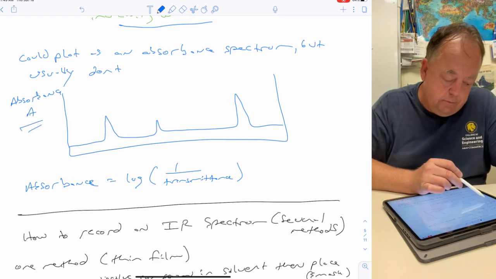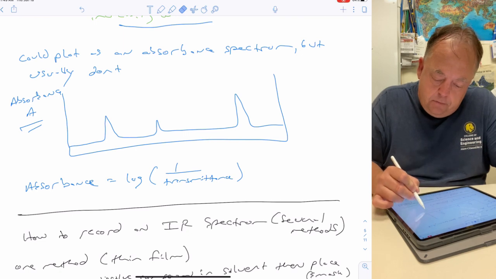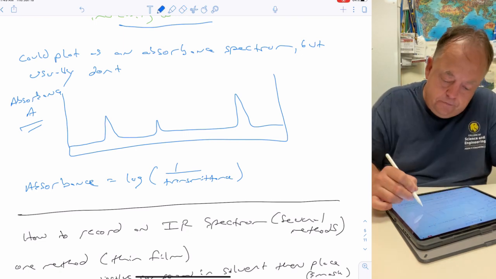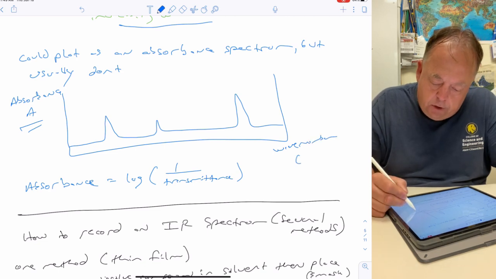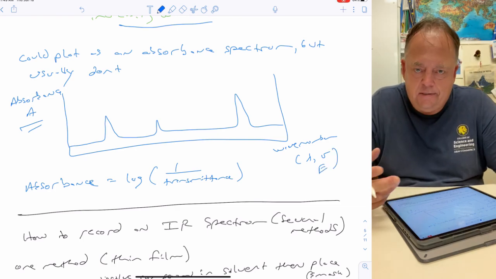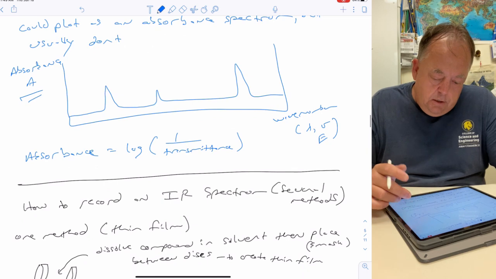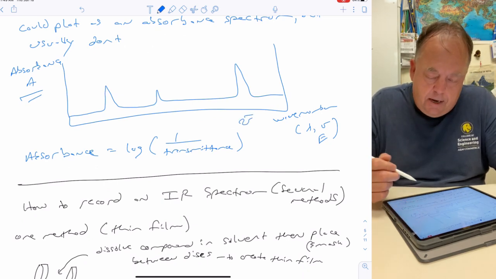So basically the horizontal axis is energy, expressed as wave number, typically in IR spectroscopy.